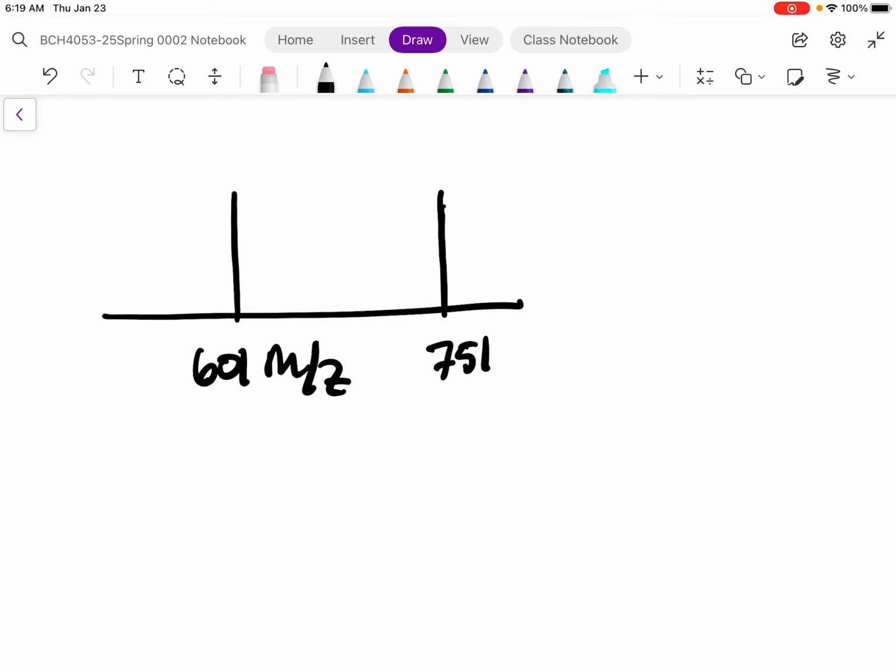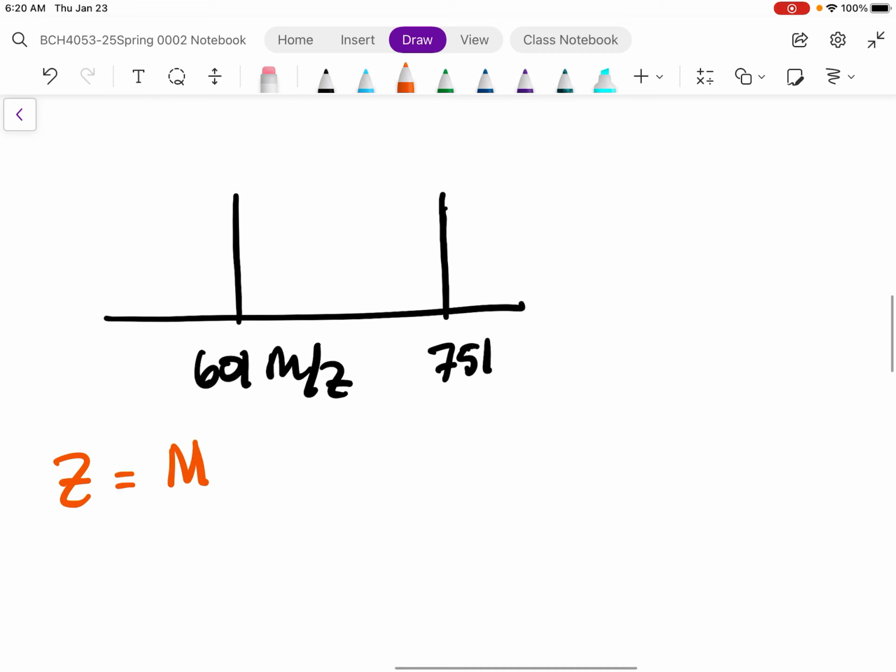The way that you do this is you need to know this formula. The first thing that you need to solve for is the charge states. If you know the charge states of those signals, then it's really easy to find the mass. So that's your first thing. What is the charge of those peaks? The formula is Z equals M2 minus A, divided by M1 minus M2.